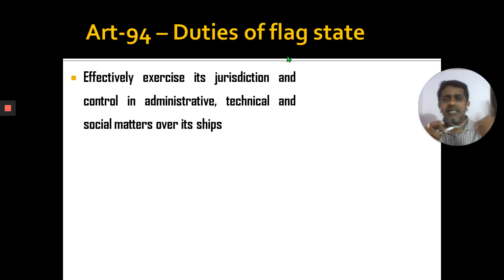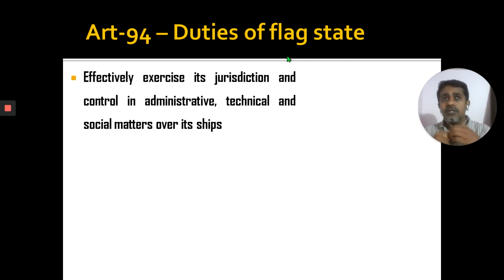Administrative aspects, and technical means regarding the kind of fuel it uses, the kind of engine it is going to use, the kind of safety measures the ship has, which is the seaworthiness we talk about in insurance. Those technical aspects should be kept in mind whenever the ship is allowed to sail.